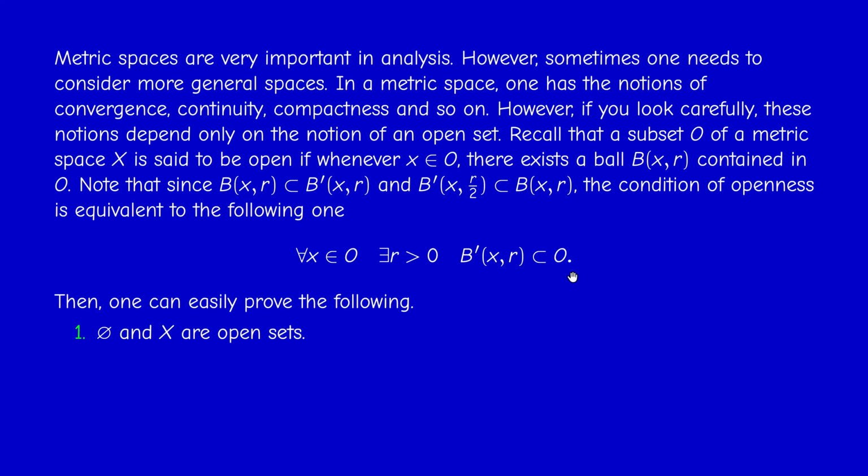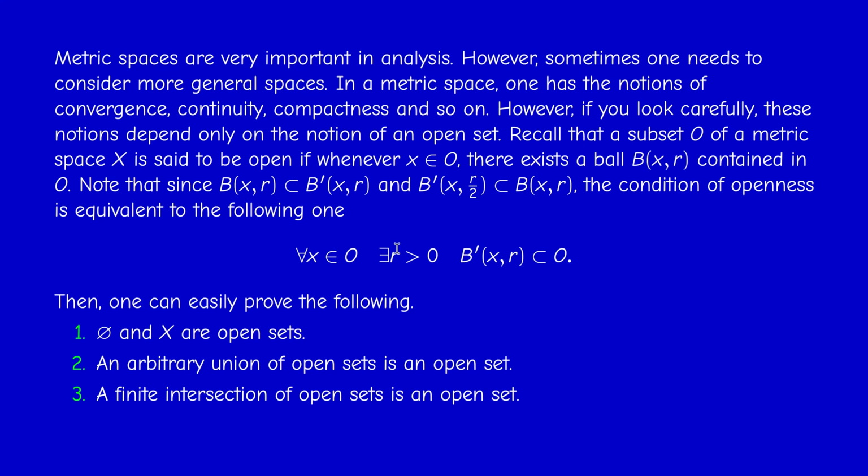And in the second year, we proved that according to this definition, the empty set and the whole space are open sets. An arbitrary union of open sets is an open set as well. So it satisfies this condition that I wrote here. And a finite intersection of open sets is also an open set.